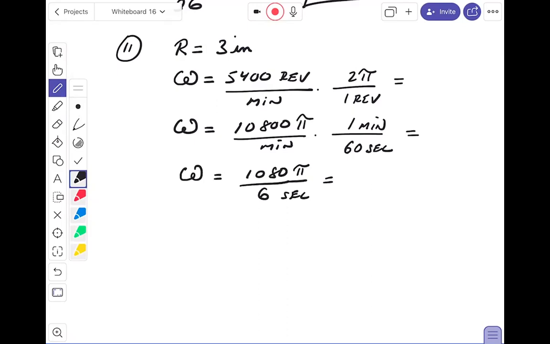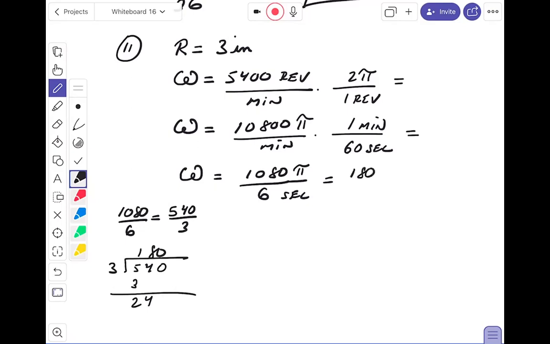Let me put this over here for you. 1080 by 6. I'll do 2 first. That's 540 over 3. I'm going to do 3 into 540. So it's 180 pi per second.